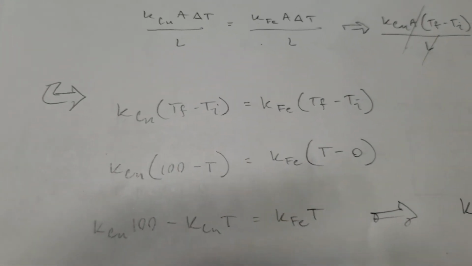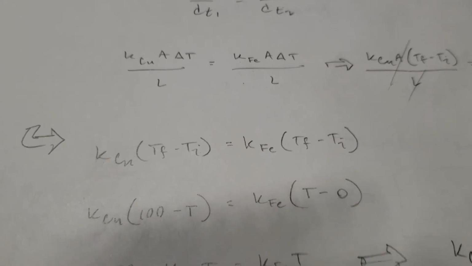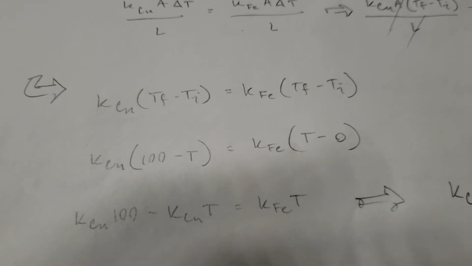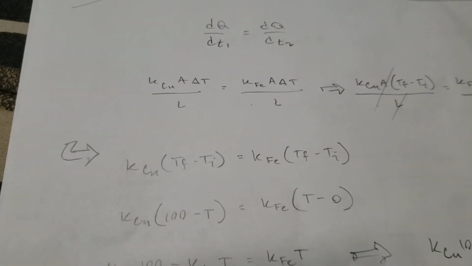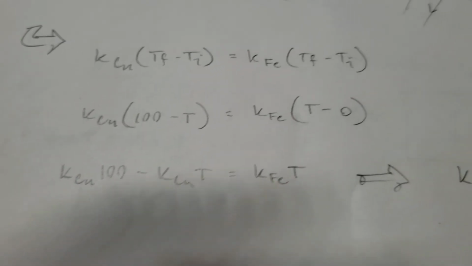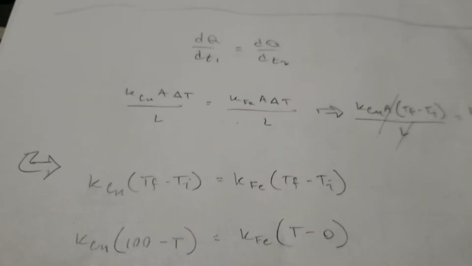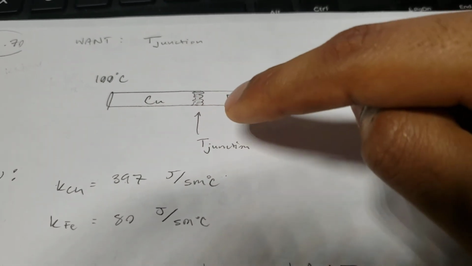All right, this is probably the most confusing part of the problem. I normally don't substitute in numbers until the end, but I'm going to here because we have a 0, so that simplifies things a bit. The reason we go from T_f and T_initial to just the general term T here is because the final temperature for one rod is going to be the initial temperature for the other rod.